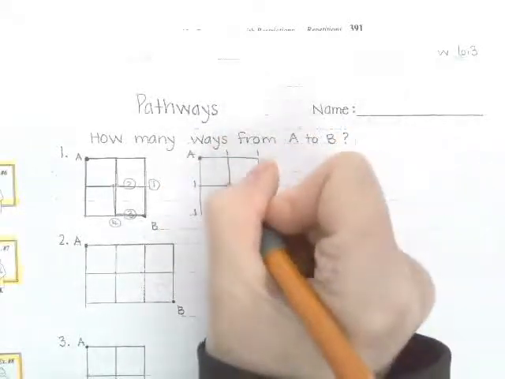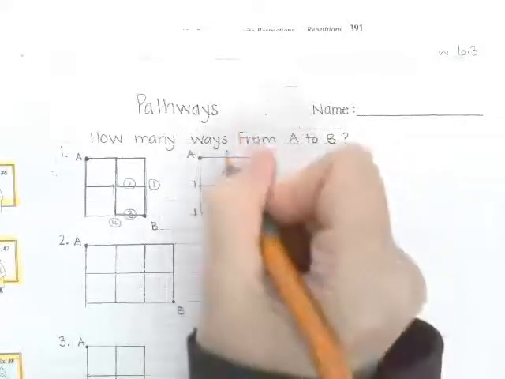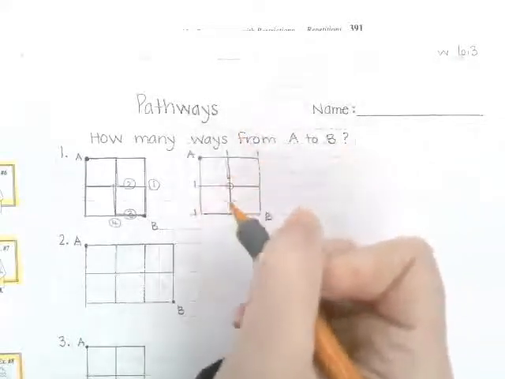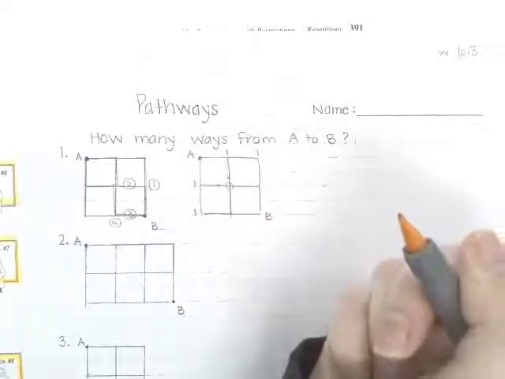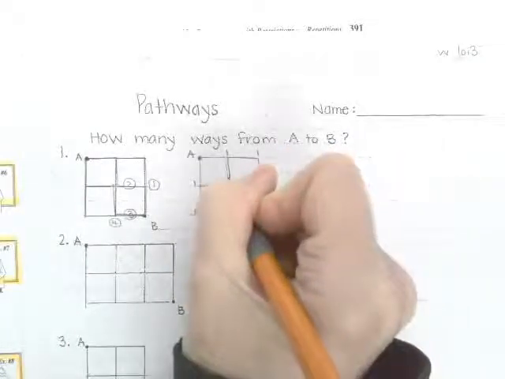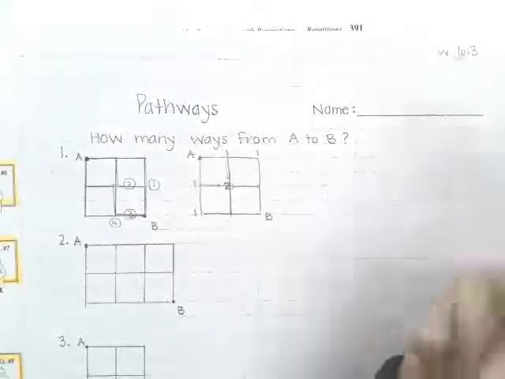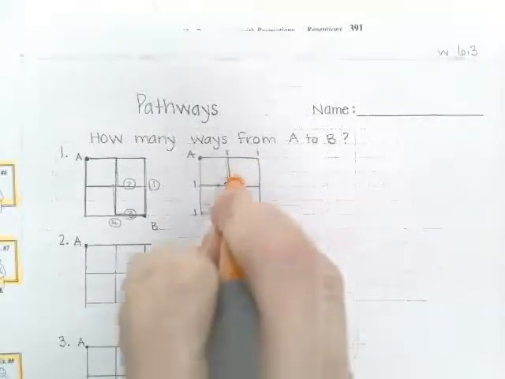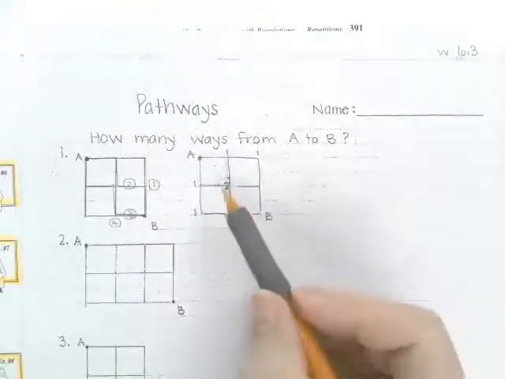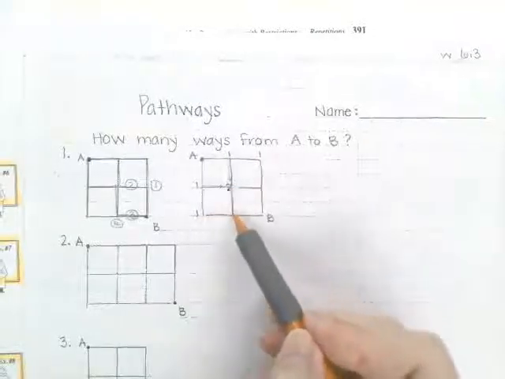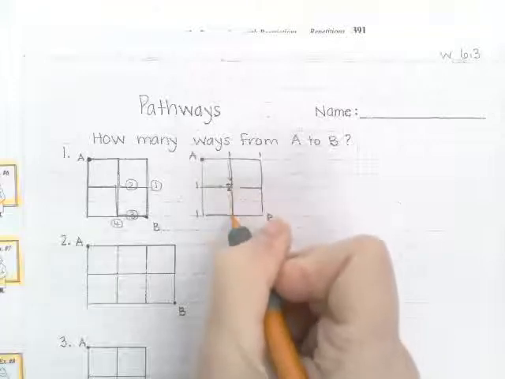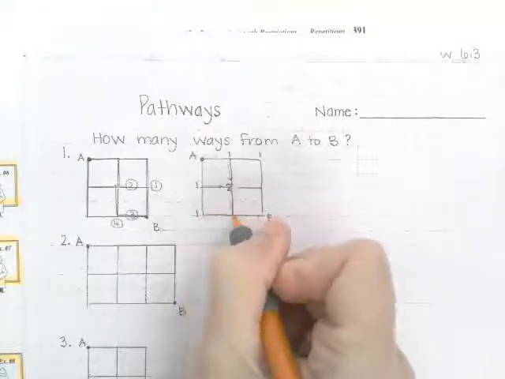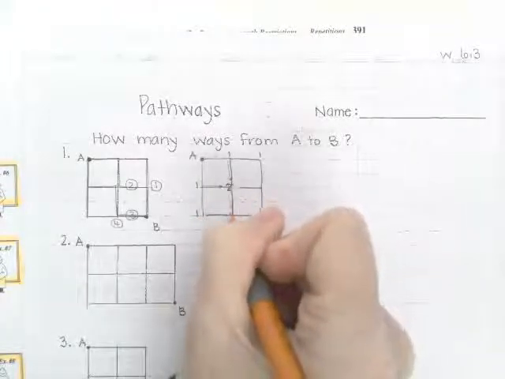Then this intersection, you're thinking, well, I could ride my bike here, and I could ride my bike coming from there. If I add those two together, that would be 2 ways of getting to that intersection. And then you just keep adding those corners together. So diagonal corners add together, and I'm thinking 2 ways coming from the north, 1 way coming from here. So I've got 3 ways.